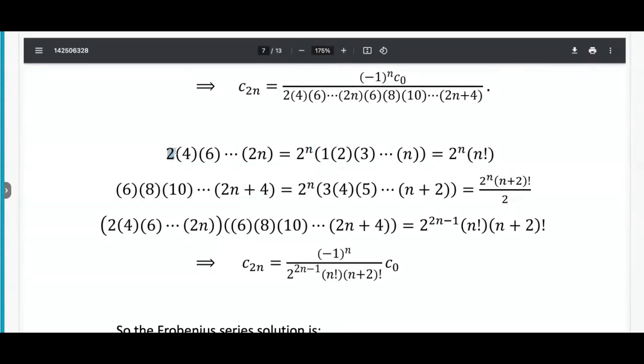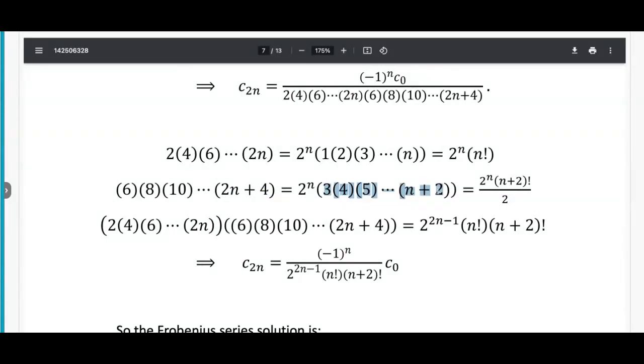Then the rest will be 1, 2, 3, up to n, since we factored out 2, so that's n factorial. And for this pattern 6, 8, 10, up to 2n plus 4, we can also factor out 2 from every factor, so that's 2 to the nth power. Then we're left with 3, 4, 5, up to n plus 2.